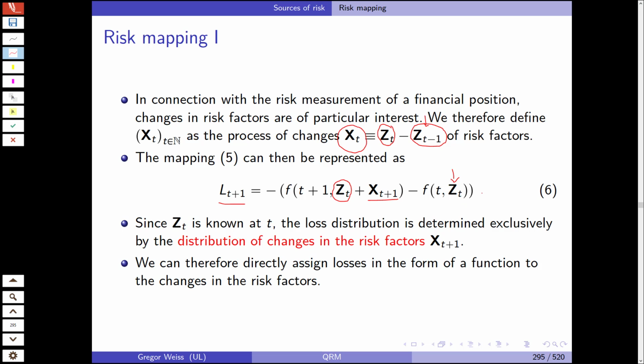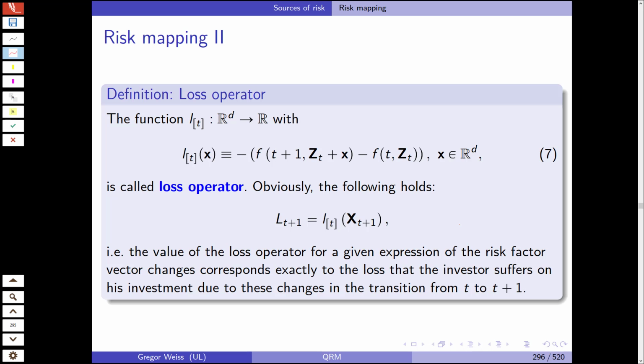Since zt is known, everything is known besides the changes, meaning that the losses only depend on the future changes in the risk factors. We can therefore directly assign losses in the form of a function to the changes in risk factors.